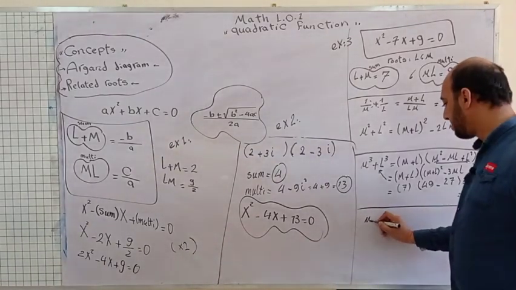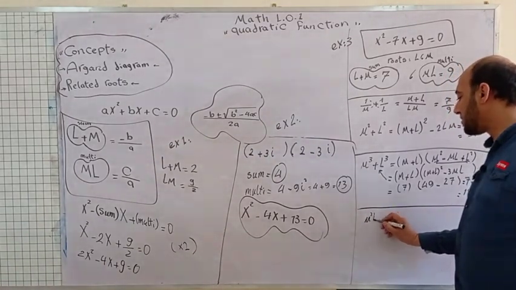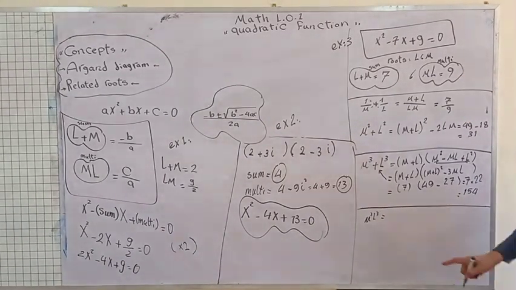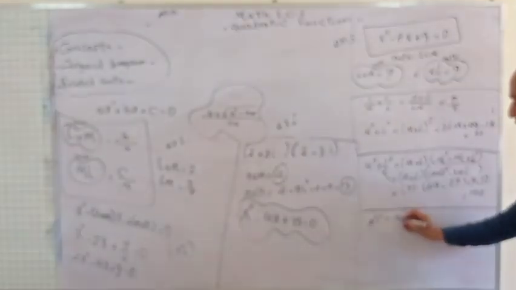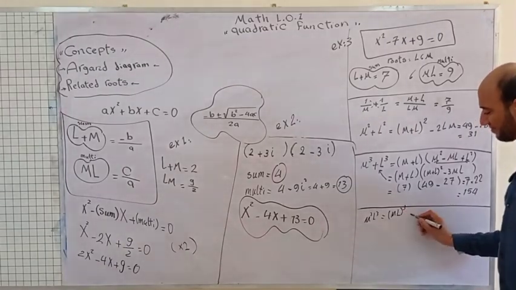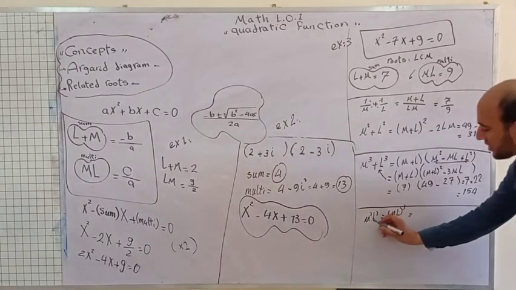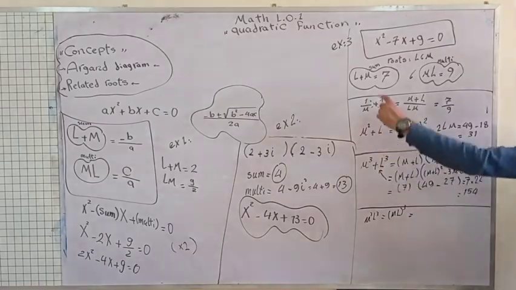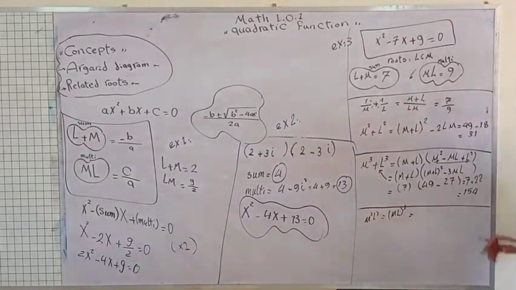Another value: get m cube times l cube. This is a simple relation. m cube times l cube equals ml all cube, because they are multiplied. We get ml from our known values: ml equals 9.